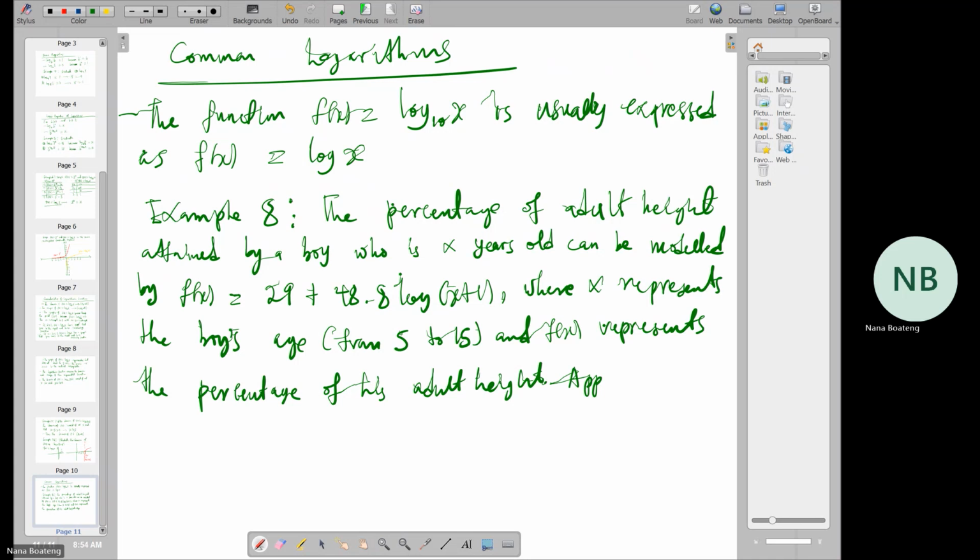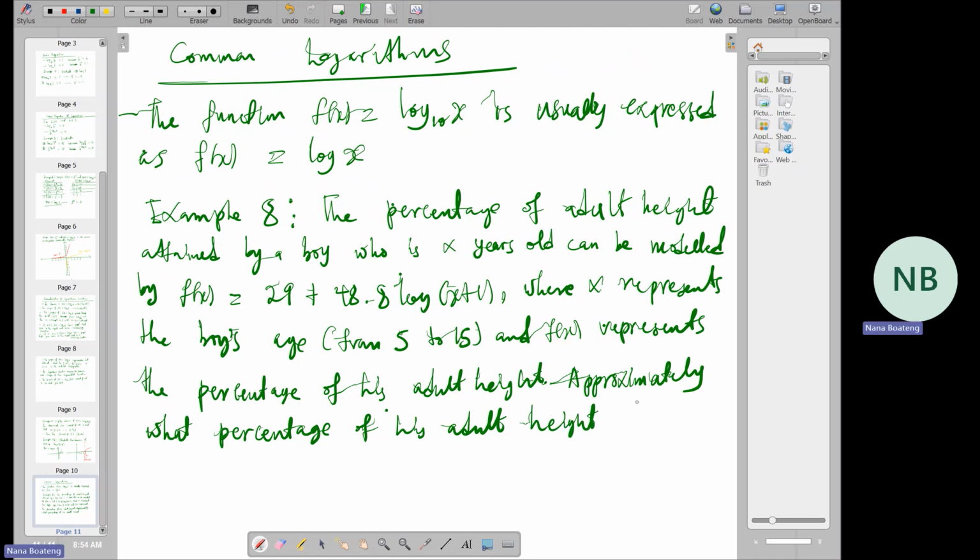Approximately what percentage of his adult height has a boy attained at 10?